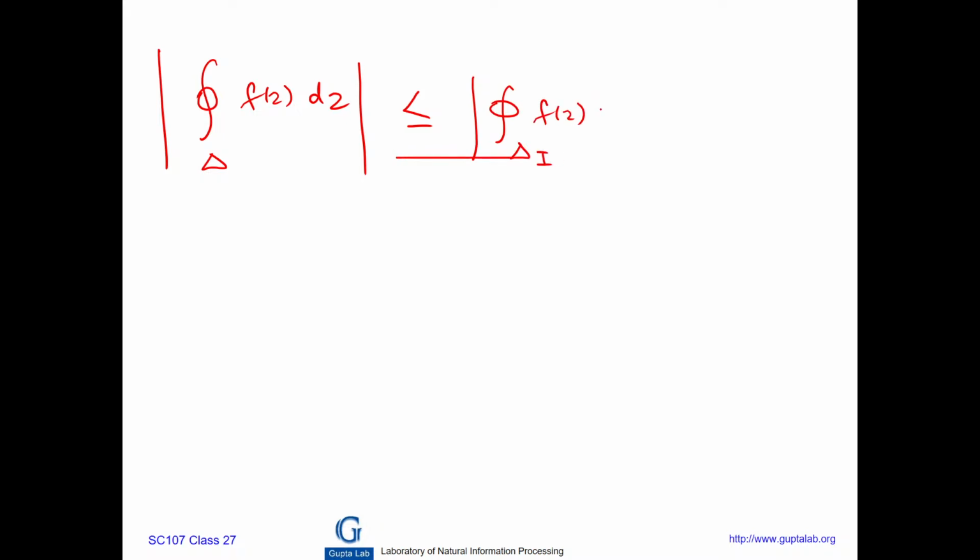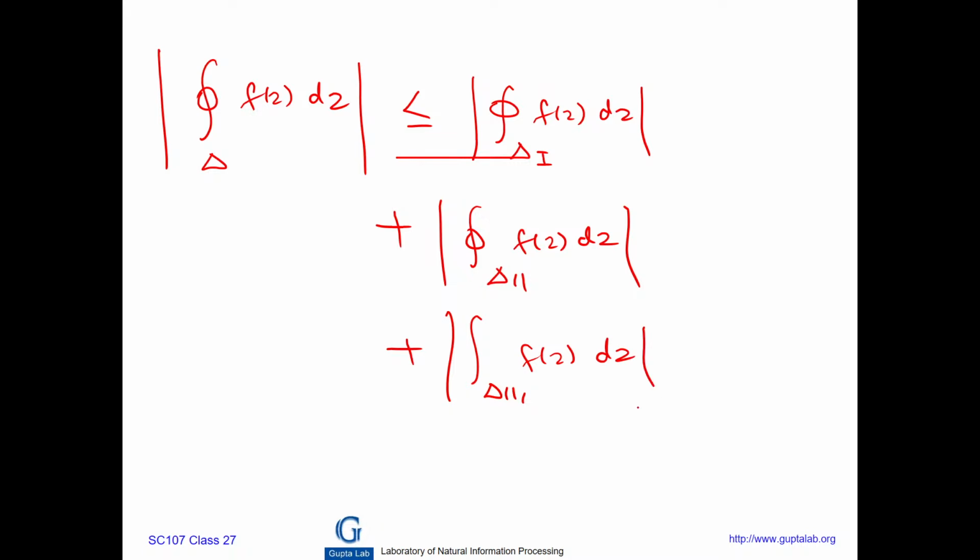So that means mod of integration along bigger triangle f(z) dz is less than or equal to mod of integration along first triangle f(z) dz plus integration along second triangle f(z) dz plus integration along third triangle f(z) dz plus integration along delta 4 fourth triangle f(z) dz, right. करेक्ट. हमने bigger integral को smaller integrals के sum में लिखा, right, smaller triangles, and then apply the triangle inequality. So mod of z1 plus z2 is less than equal to mod of z1 plus mod of z2, right. अगर 5 है या 4 है, यहाँ पे 4 है, so mod of z1 plus z2 plus z3 plus z4 is less than equal to mod of z1 plus z2 plus z3 plus z4 separate individually, right. Triangle inequality has been applied.